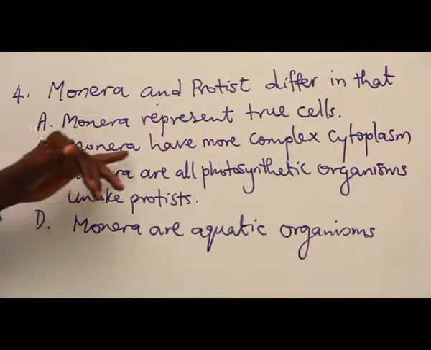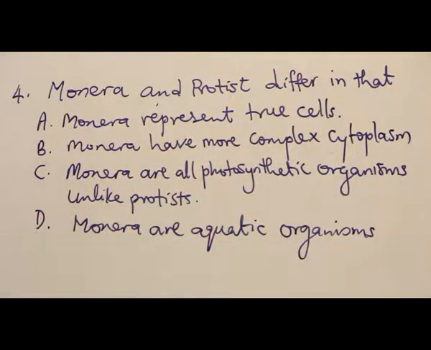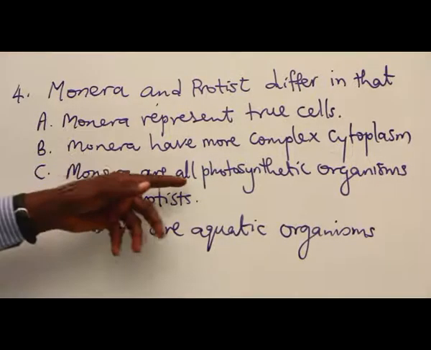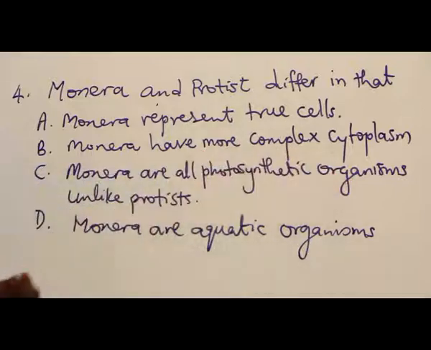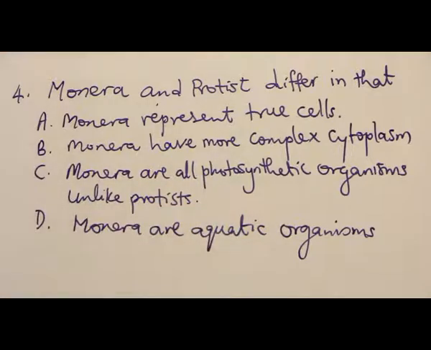B, Monera have more complex cytoplasm, we are comparing with protists. C, Monera are all photosynthetic organisms, unlike protists. Then D, Monera are aquatic organisms.